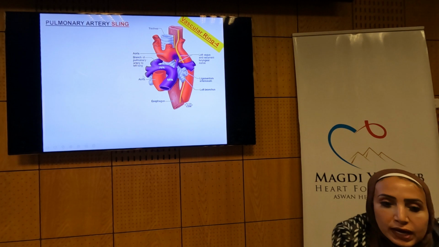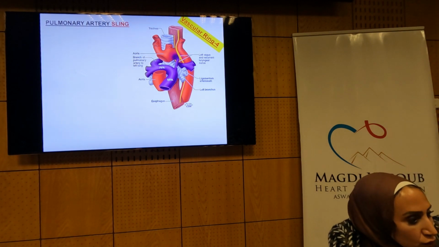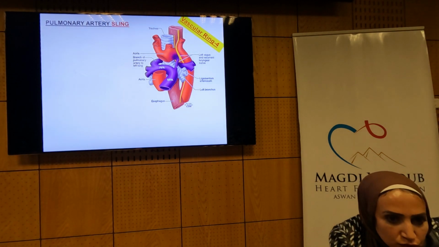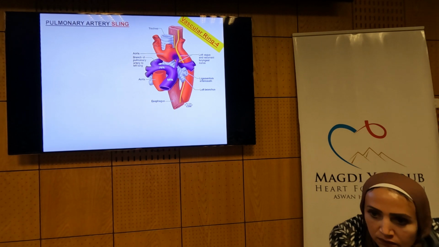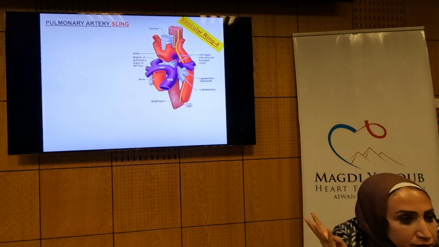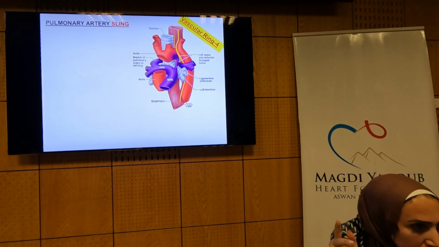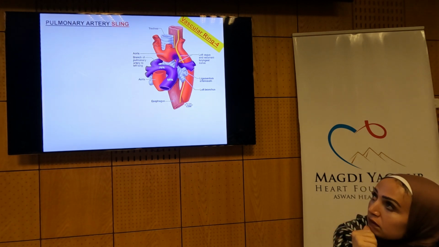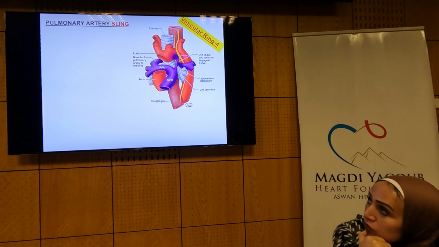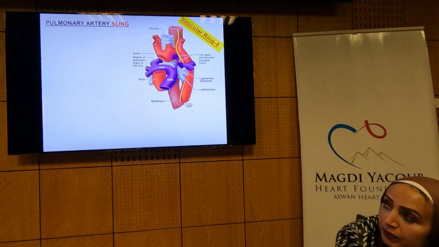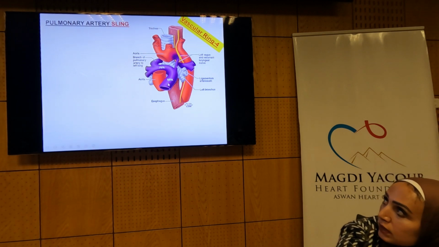Okay, we have two more types, not related to the arch, but to complete the story of vascular rings. We have mentioned three types: double aortic arch and aberrant subclavian, left or right, and the fourth one is pulmonary artery sling. What do we mean by pulmonary artery sling?